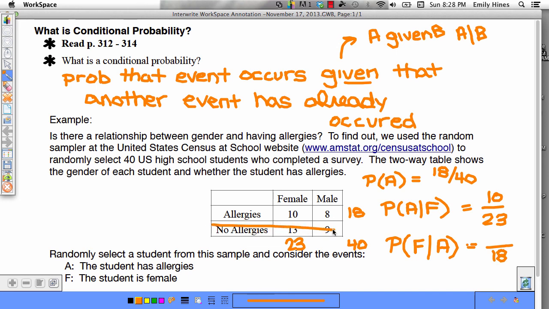That takes these people totally out of it. Out of these 18, 10 of them are female. So that's how we do givens with a two-way table. Basically, you look at the column or the row that you're given, and your probability is the appropriate cell out of your total. So, given that they are female, 10 out of 23 have allergies.